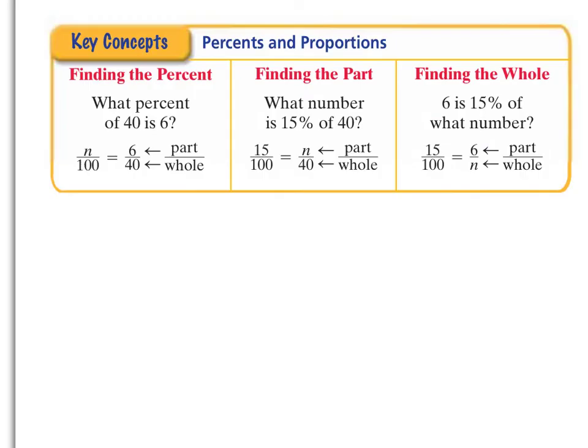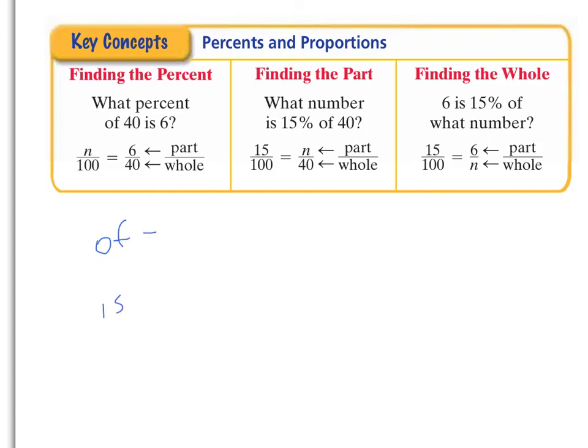Now we've worked problems finding the percent, or finding the part, or finding the whole. Here's a chart that shows you each case or each scenario. Now in class, I will talk more about how we identify the part or the whole. But quickly, you can take a look and see keywords like of and is.